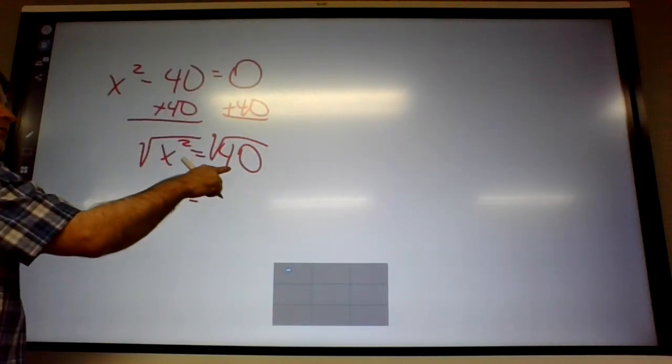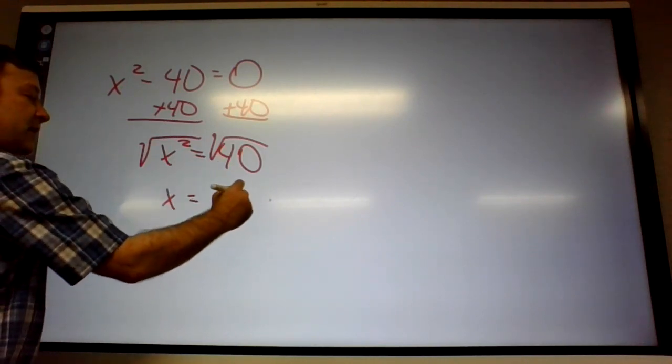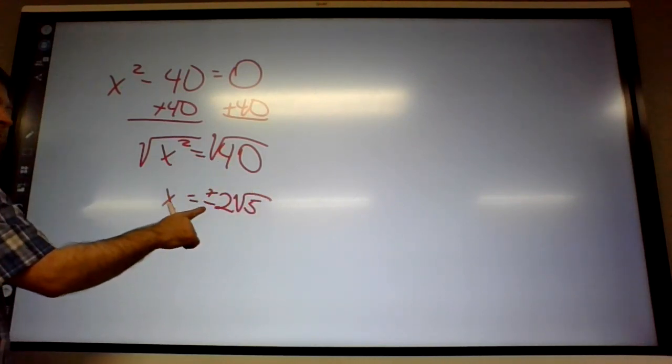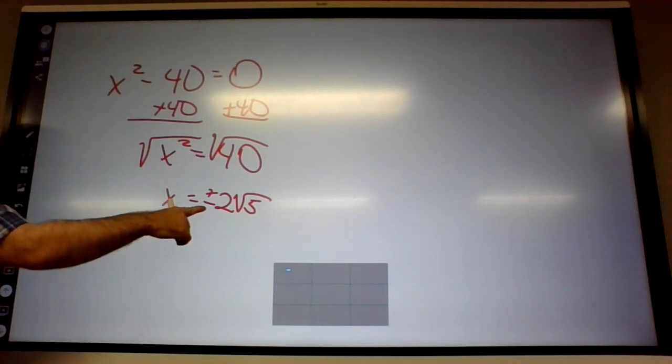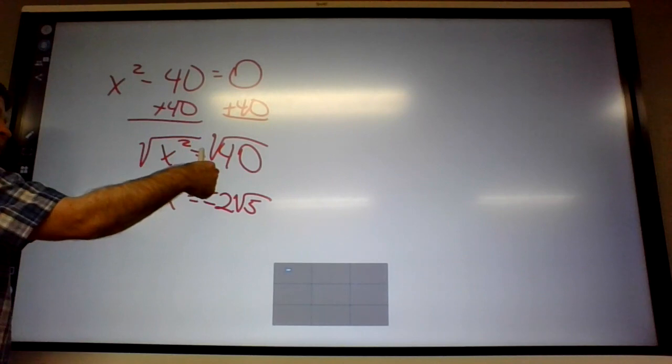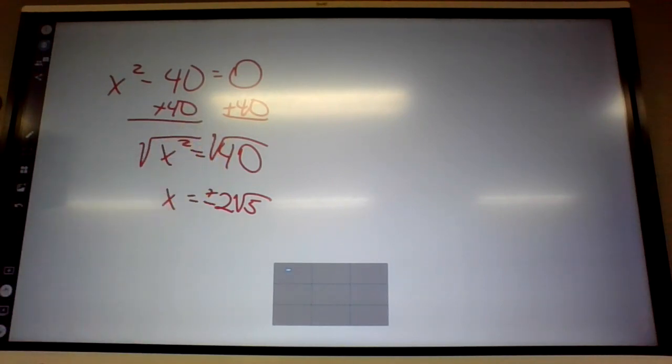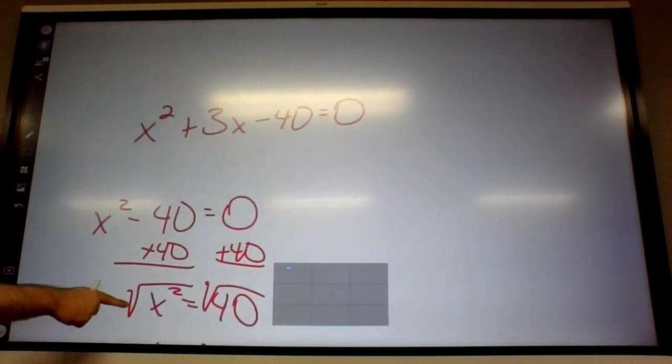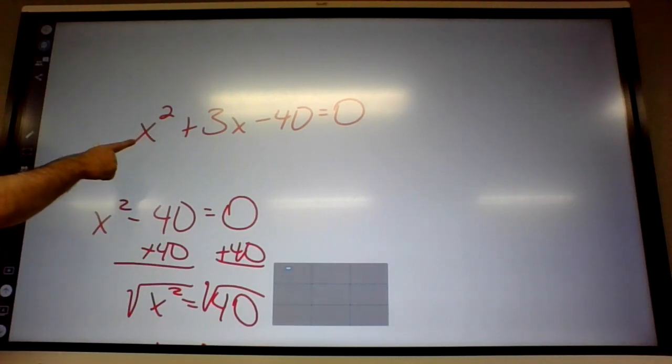And then that's like 4 times 10, so it's like 2 squared of 5. But remember also we had to put plus minus in all those, because negative whatever squared also comes out as positive whatever.